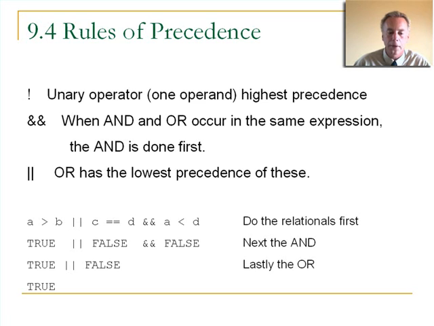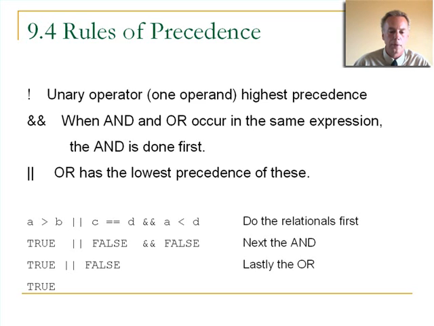So the rules of precedence in logic: the unary operator, which in our case here is the not operator, happens first. And then the AND will happen before the OR if they both appear in one expression. And this is a sticking point for a lot of people. AND happens first before OR.